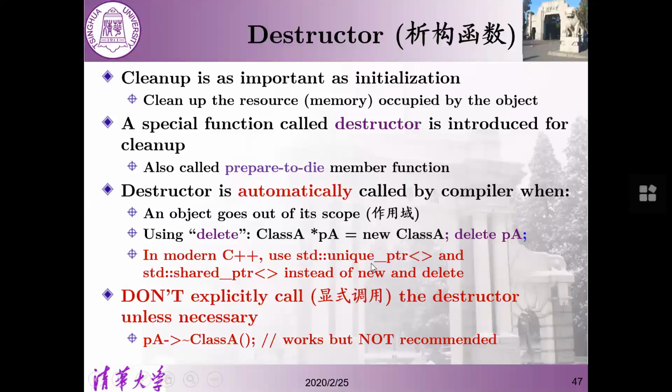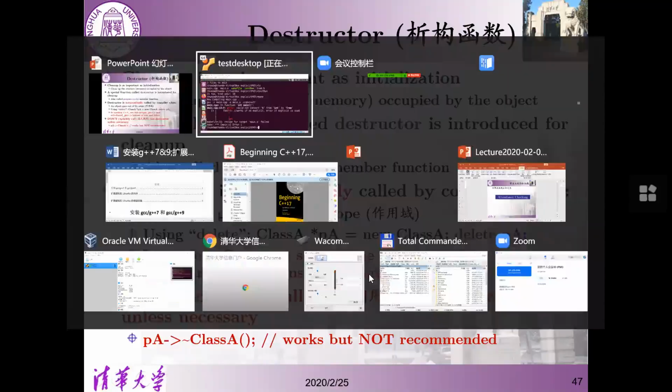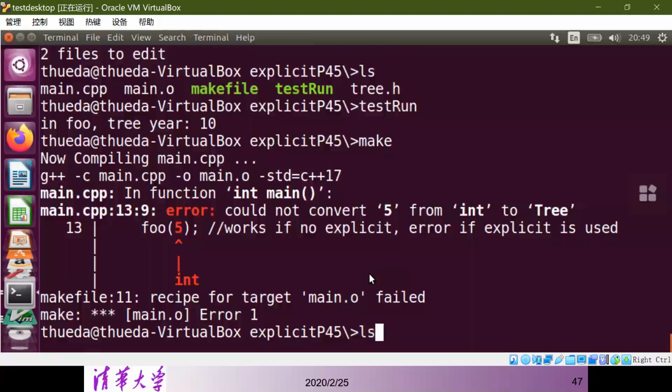We also mentioned that we should use unique_ptr or shared_ptr instead of new and delete in our class. But we still need to know new and delete, because others are still using new and delete in their programs, okay? And explicit call of the destructor is not suggested, okay? We still have one more demo.